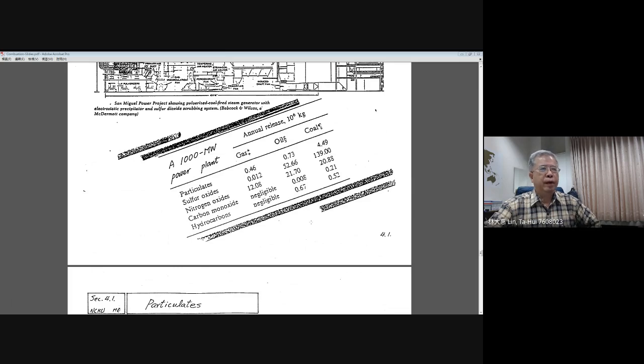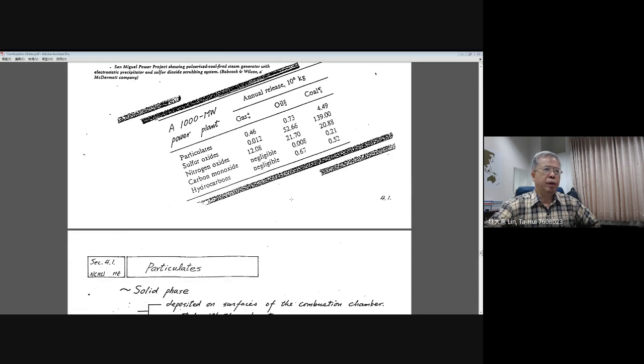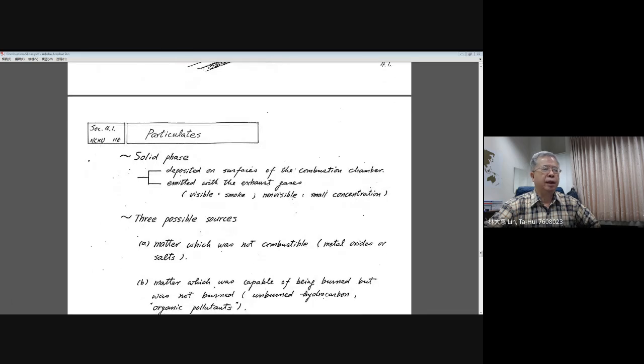We will go through very briefly some descriptions of the different pollutants, to give you the idea and to learn what kinds of parameters control the production of those pollutants. The first category we deal with is particulates.